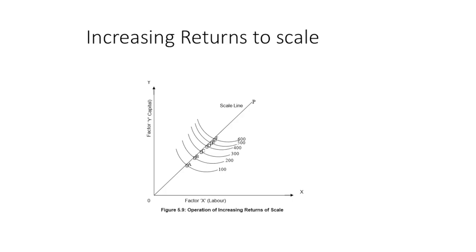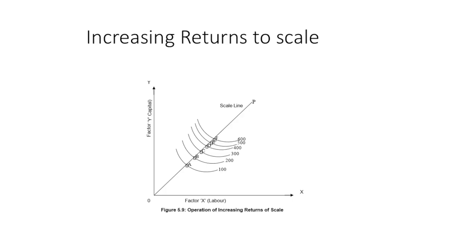That means from A to B, the factor inputs are increased. From B to C, we have again increased the factor inputs. From C to D, we have decreased the factor inputs. And again D to E it is decreasing, and from E to F it is also decreasing.